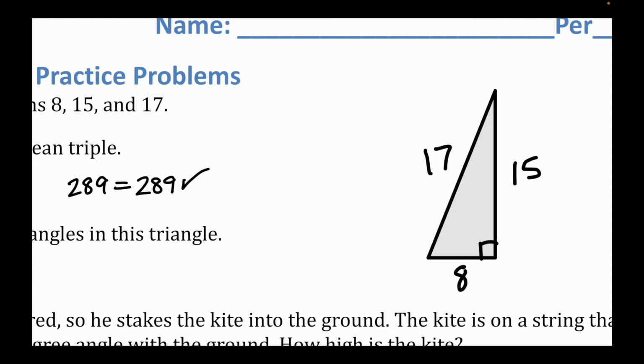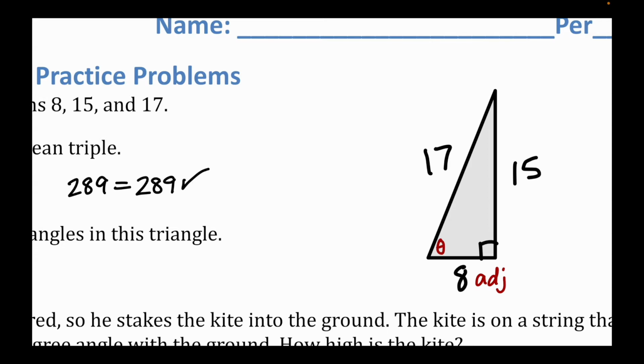I didn't label anything here, but I'm going to label this as theta, because I'm not sure what that angle is to start with, but just to mark that that's the angle I'm using. Let's use adjacent over hypotenuse, but let's label all of our pieces first. Adjacent is the one right next to the angle that's not the hypotenuse.